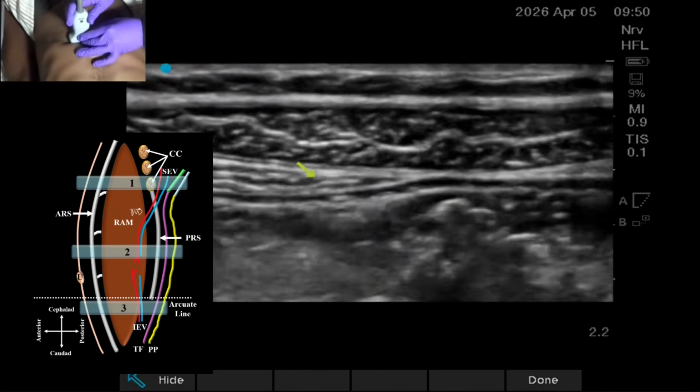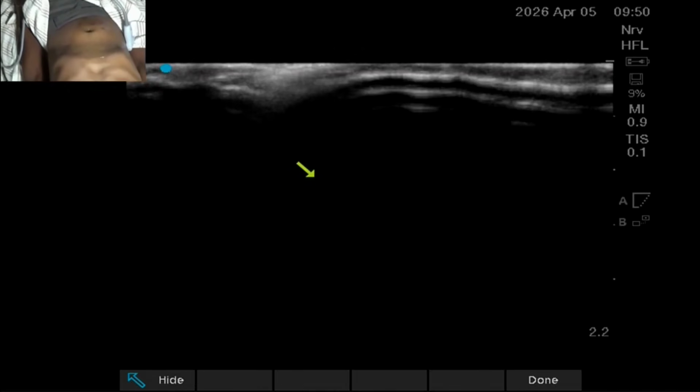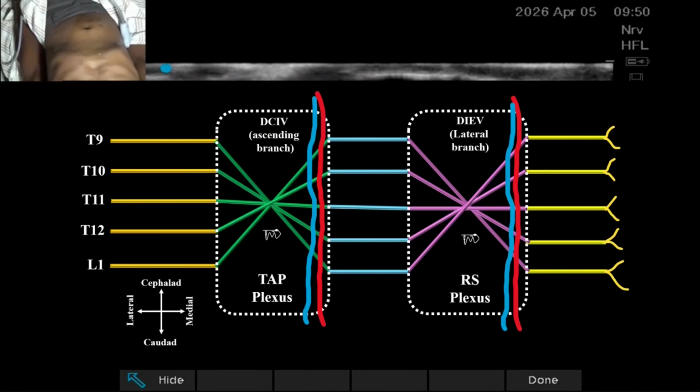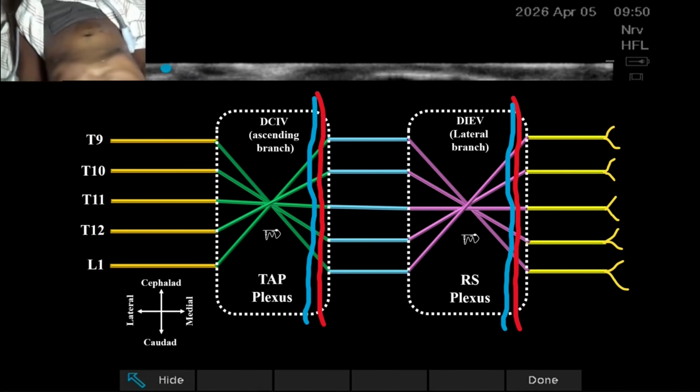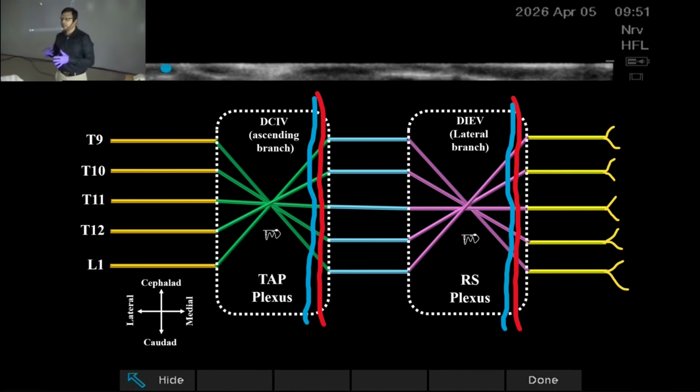Anyway, you know the rectus sheath plexus lies between the rectus muscle and the posterior rectus sheath. Nerves are coming from the lateral wall and entering the TAP plane, forming the TAP plexus first. Then from that plexus, branches come out and again enter the rectus sheath plane, forming the rectus sheath plexus.